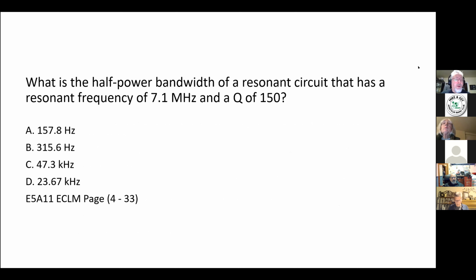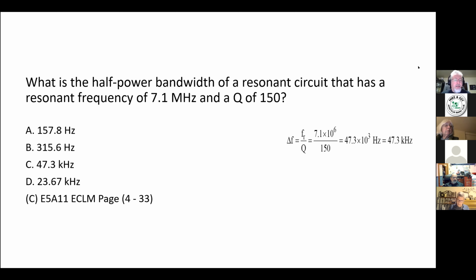A, 157.8 hertz, B, 315.6 hertz, C, 47.3 kilohertz, or D, 23.67 kilohertz? Charlie. 47.3. Charlie is correct. And the delta frequency is frequency resonance over the Q, which gives you 47.3 kilohertz.